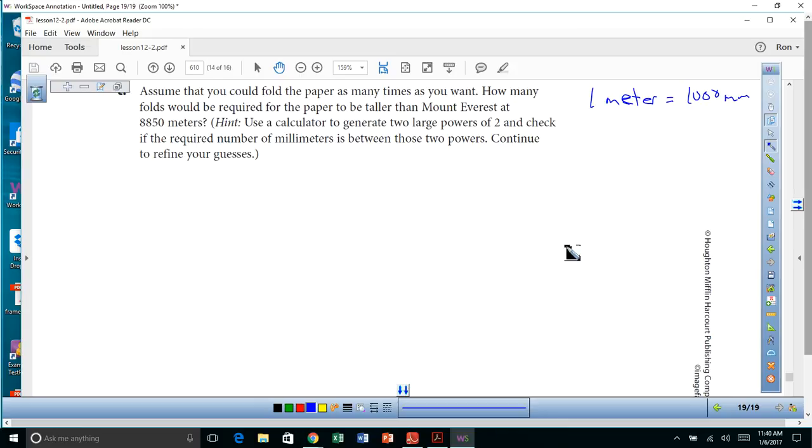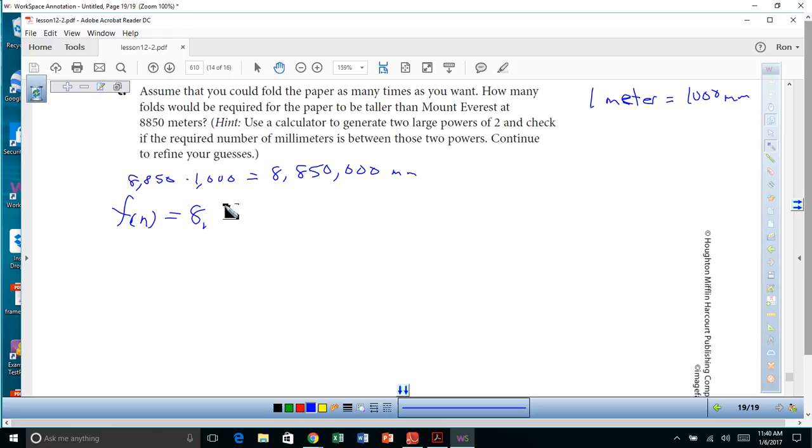So 8,850 times 1,000 gives us 8,850,000 millimeters. So F of N will be 8,850,000 millimeters.